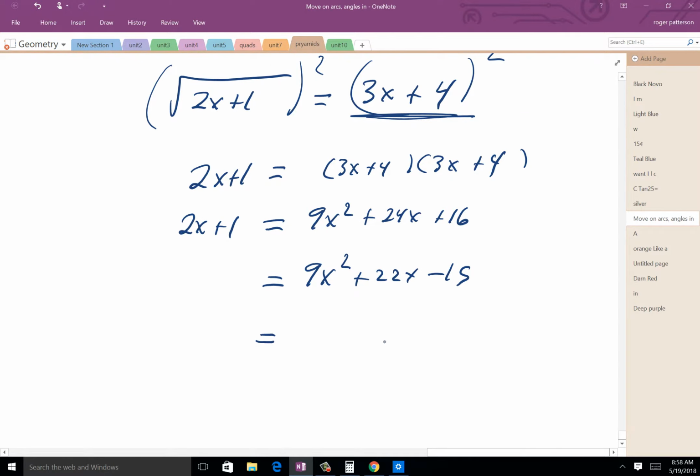Let's see. I don't know if I want a guess method. We could try. I think I'm going to try an AC method on this one. 9 times 15. 225 minus. So let's see. 225. I know obviously 3 is going to go in there.